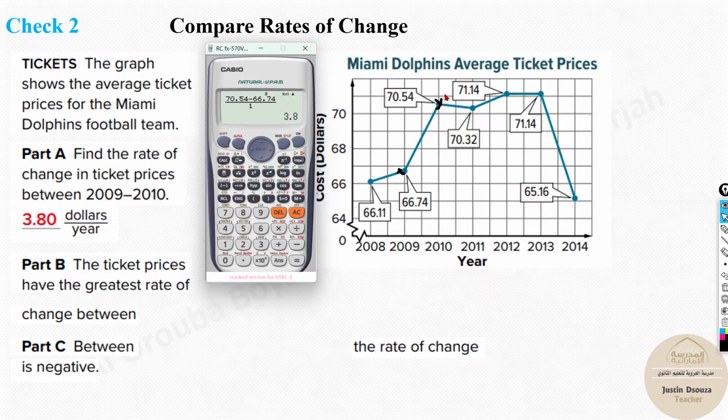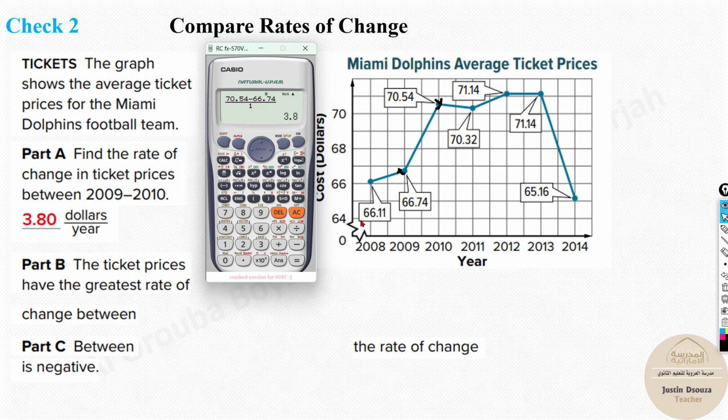Now here it is Miami Dolphins average ticket price. This is the American football team, and whenever they are playing, what is the ticket price? So you can see initially it was increasing, it went so high and then fell down. Maybe they lost many matches or something. So this is the graph of their ticket price.